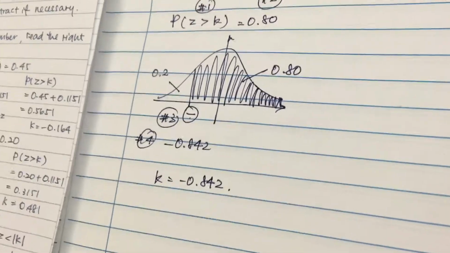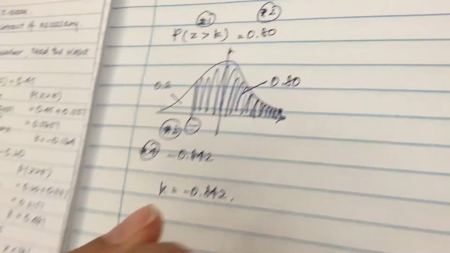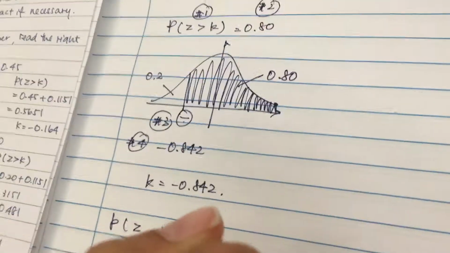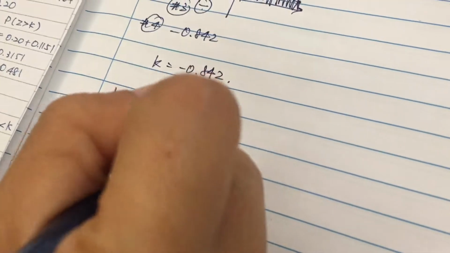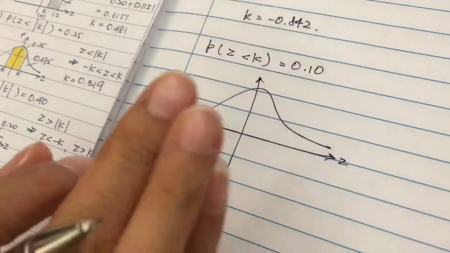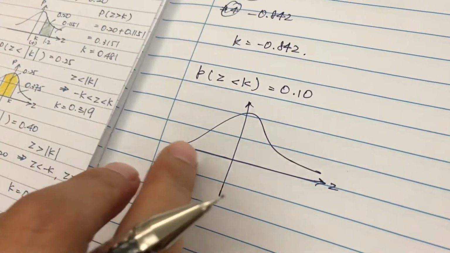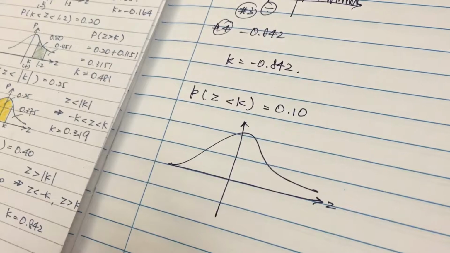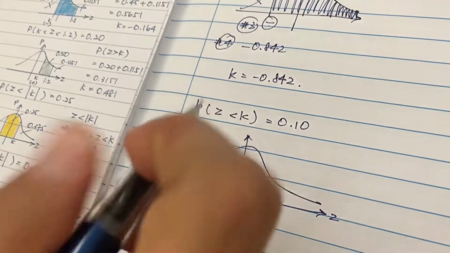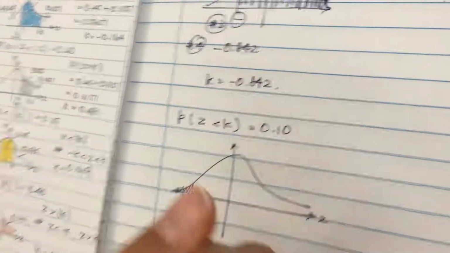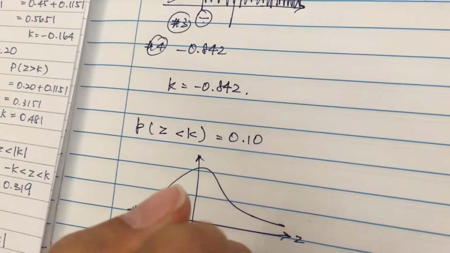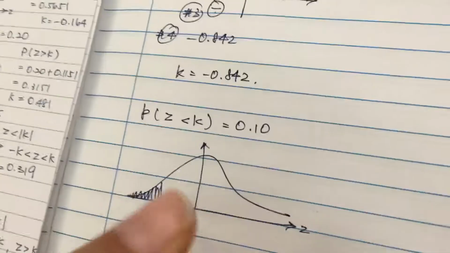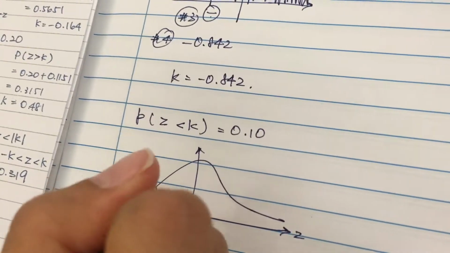Next, another question. P(Z < k) equals 0.10. So now I'm not going to mark 1, 2, 3, 4. You're going to tell me. Step 1, look where? To the left, so shade from the left. Step 2, look at the number. It's less than half, so we just stop there. Step 3, this is negative.